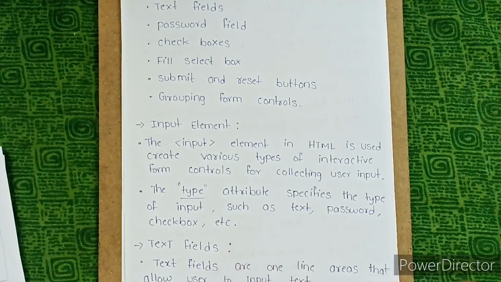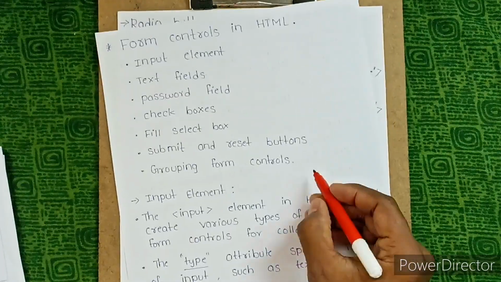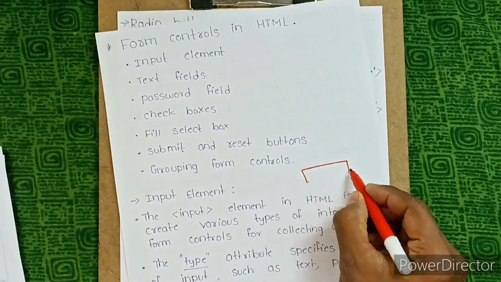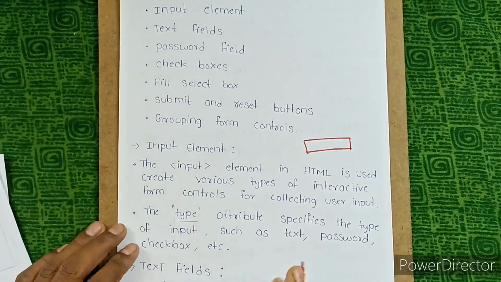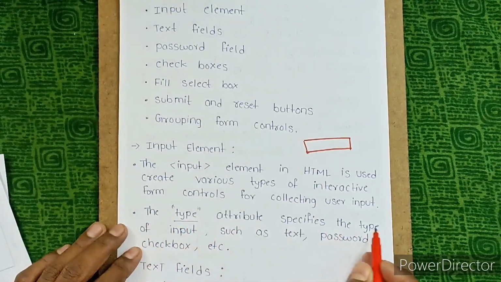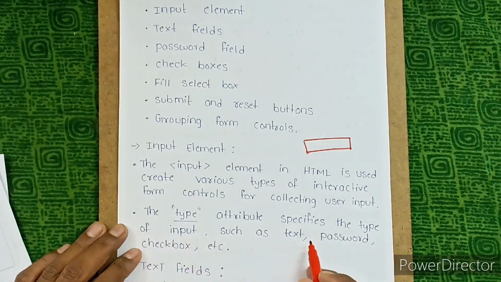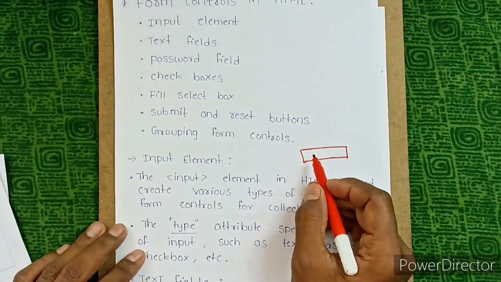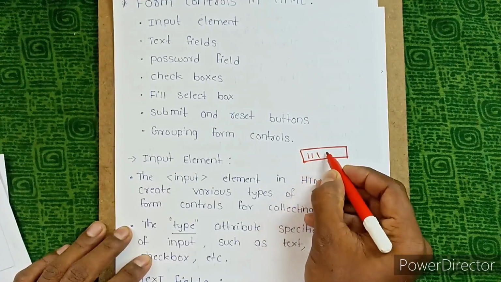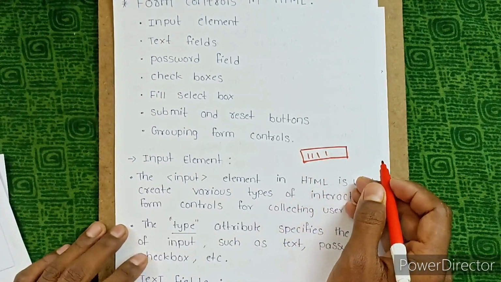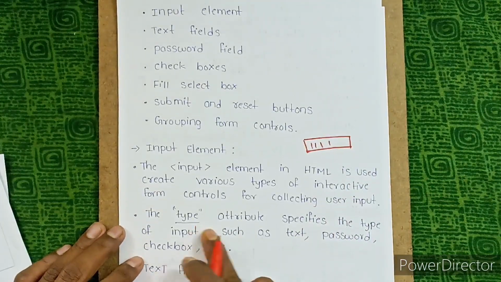In this, a box is created and it has a specification like the type attribute. The type attribute specifies the input, such as text or password. If it is a login page of WhatsApp, we can only enter a 10-digit mobile number. We can't enter any name. So like this, we have to specify.